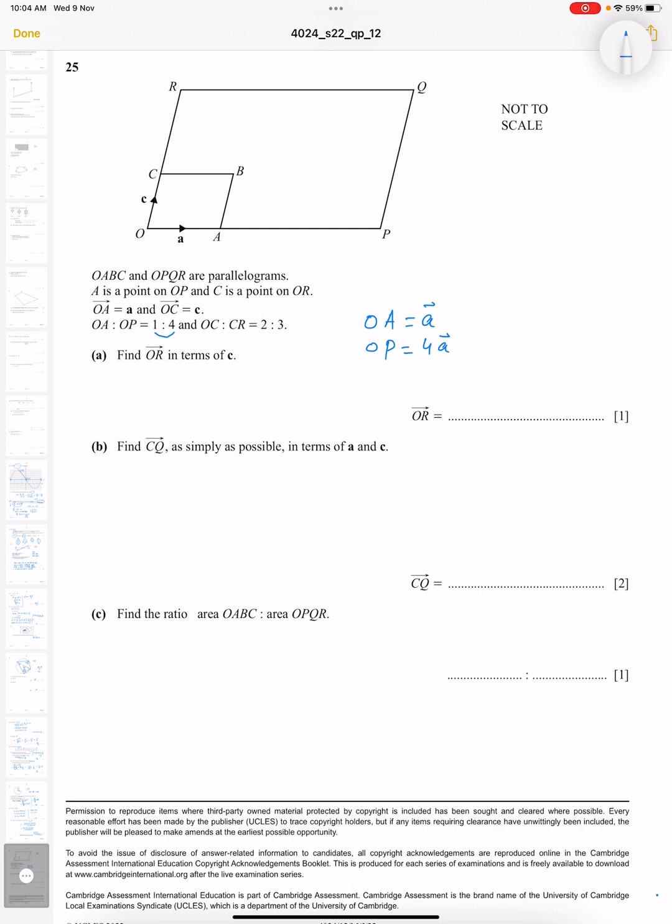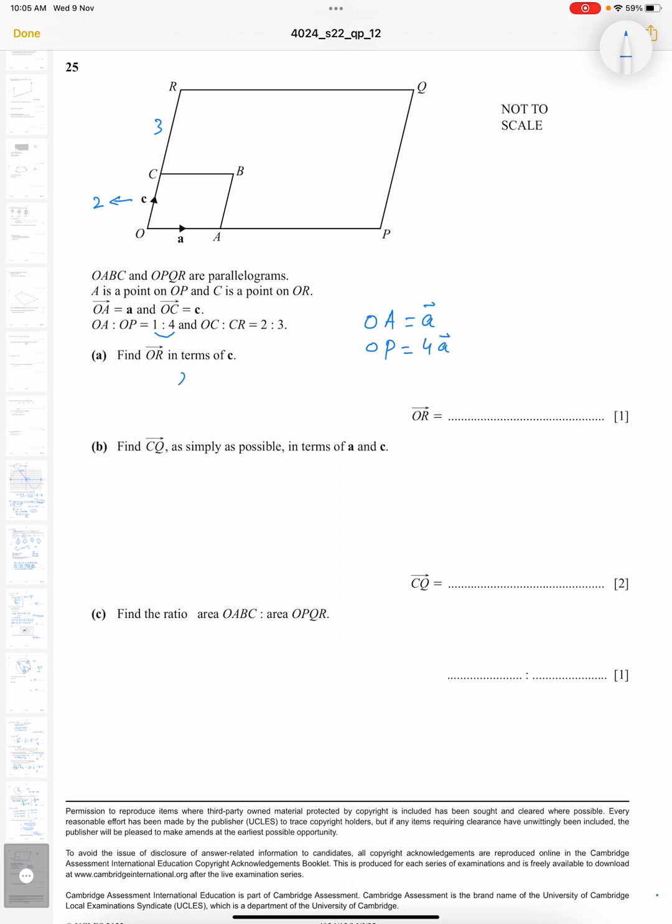Now you have to find OR in terms of C. So as OC is just C, and in ratio OC to CR is 2 to 3, this part is 2 and this part is 3. So we can use a cross multiplication technique.